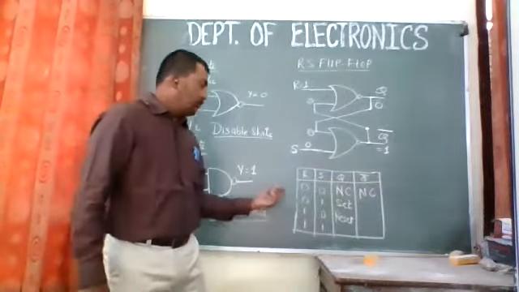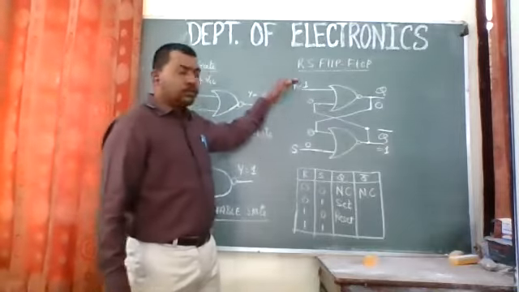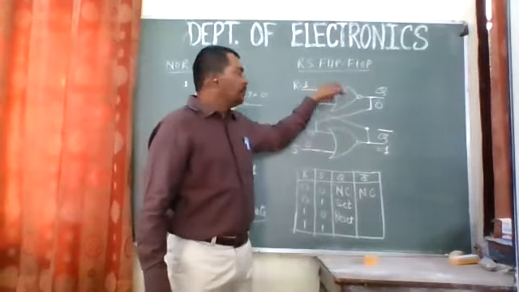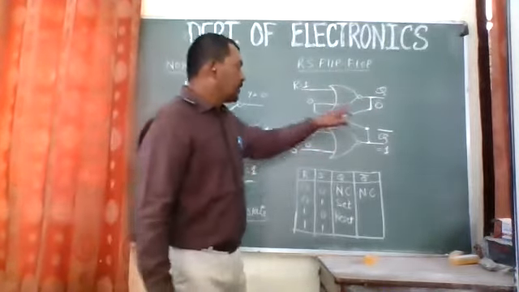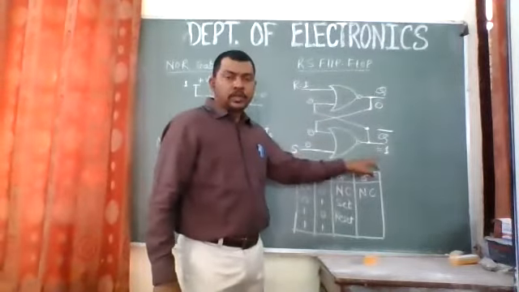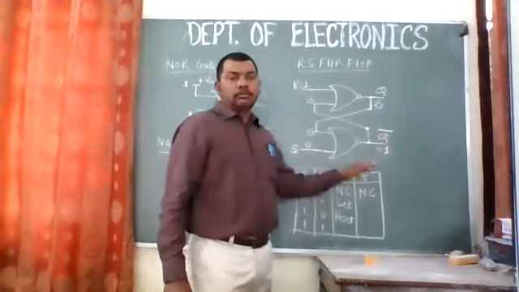In the third situation, when I put R equal to 1 and S equal to 0, this gate will go in the disable condition, implies that the output of this gate will remain 0, right? Then this 0 and this 0 will give you high. So Q bar will become 1. So when Q equal to 0, Q bar will become high.